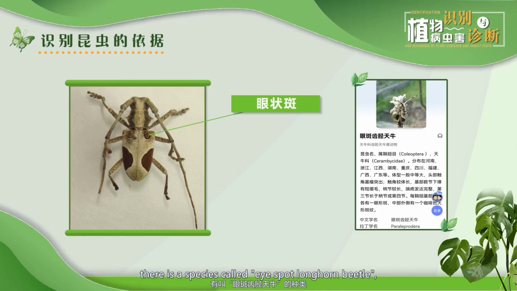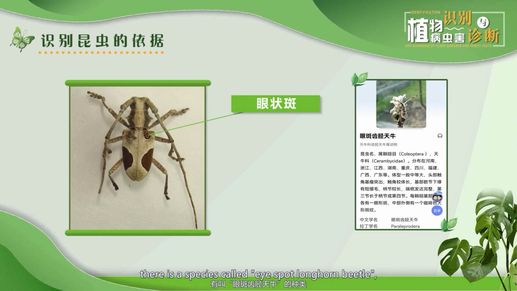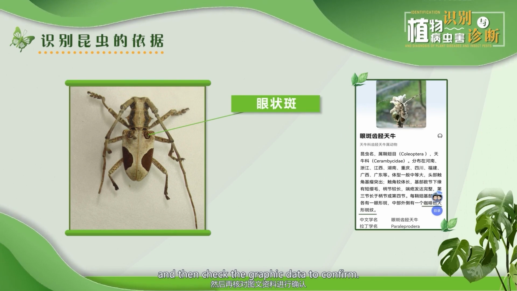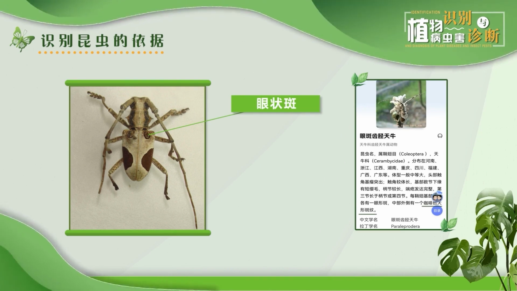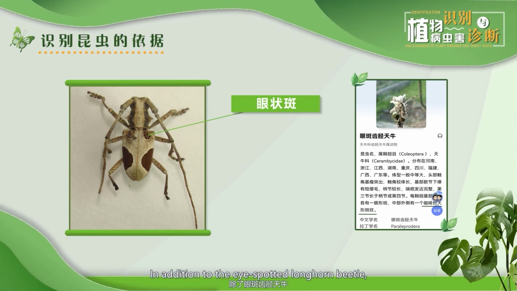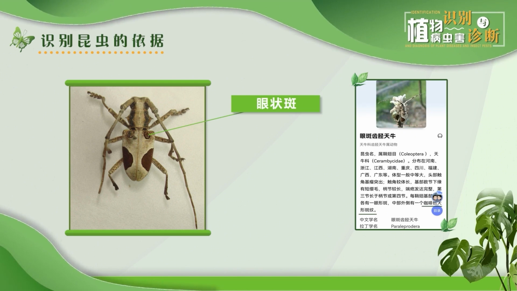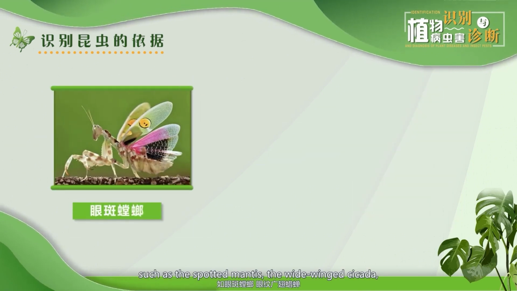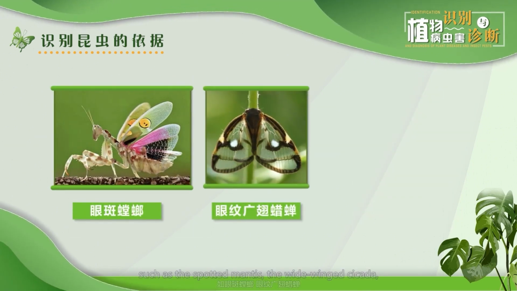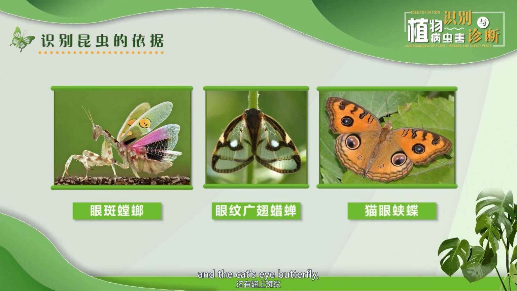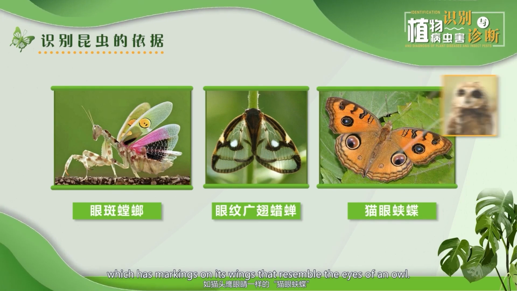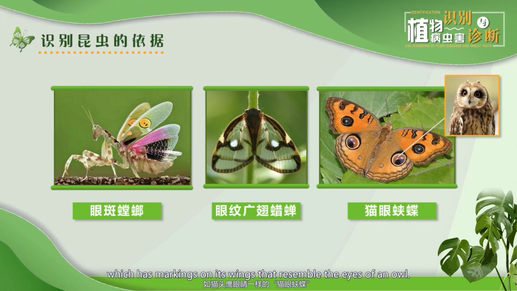There is a species called the eye spot longhorn beetle. And then check the graphic data to confirm. In addition to the eye-spotted longhorn beetle, other insects have been named after markings, such as the spotted mantis, the wide-winged cicada, and the cat's eye butterfly, which has markings on its wings that resemble the eyes of an owl.